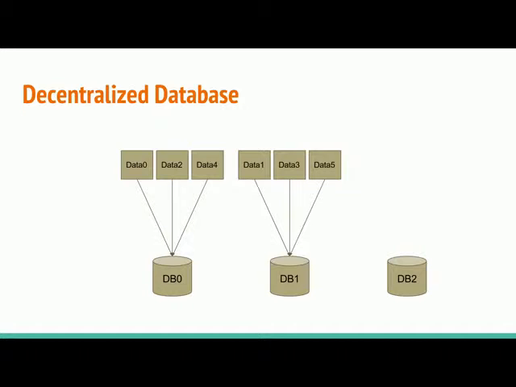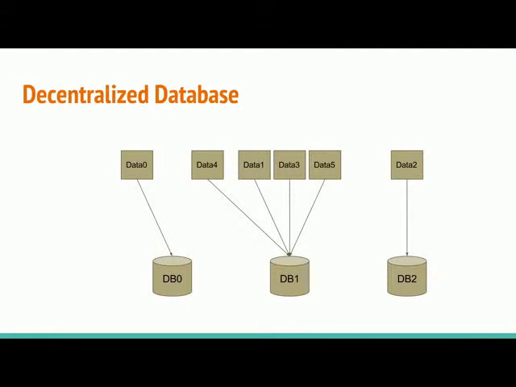That is, now instead of mod 2, we have to do modulo 3. So data 0 will still be in database 0, but data 2 will go to database 2.